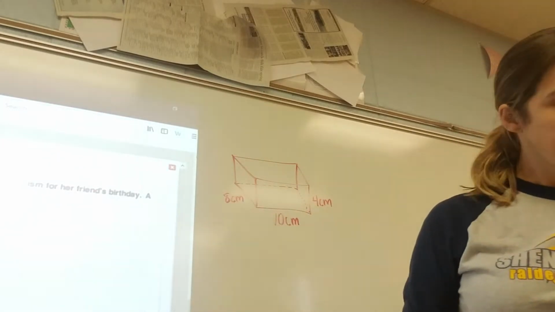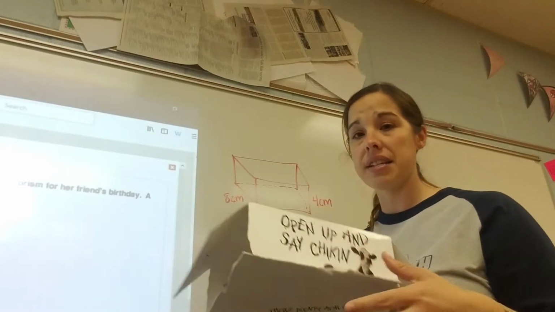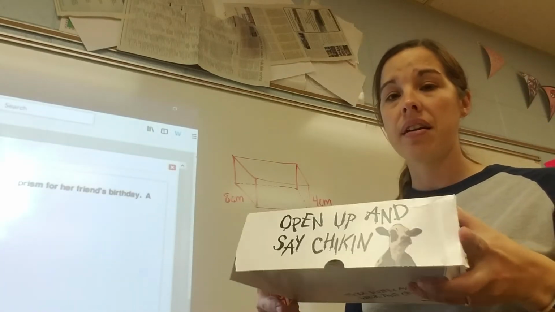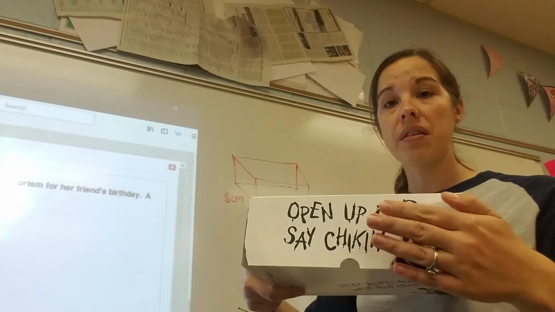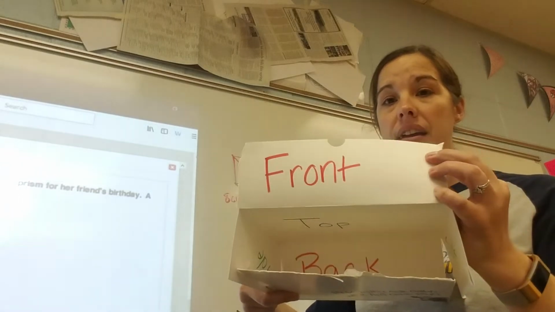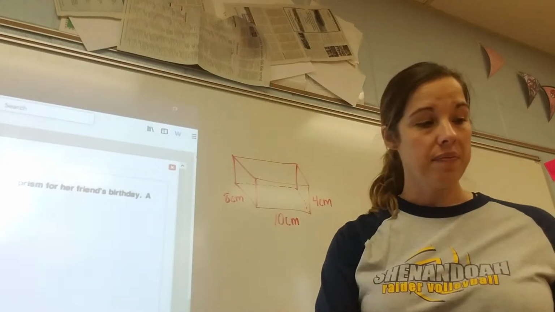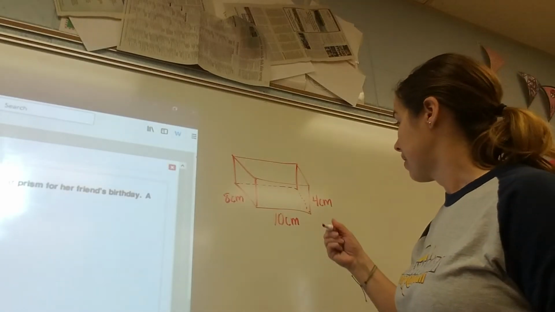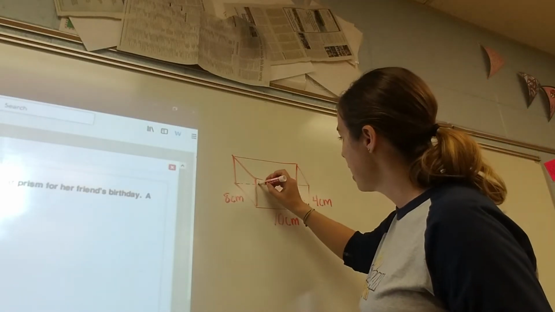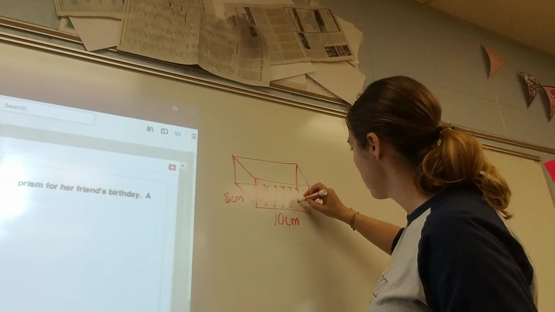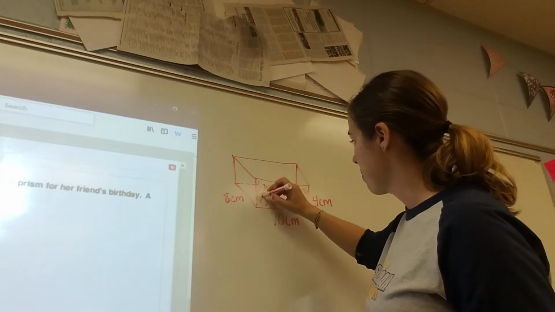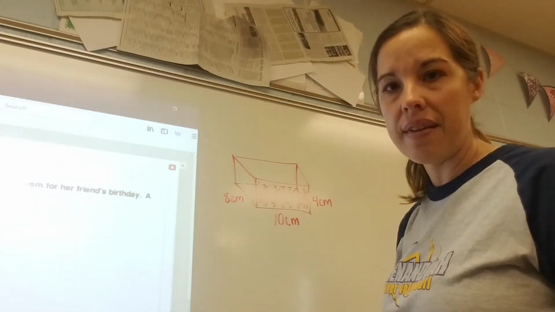When we unfold it, the first thing we're going to do is find the area of our front. I'm going to take this red marker and shade in the front of the box. This will help us visualize the dimensions of it.